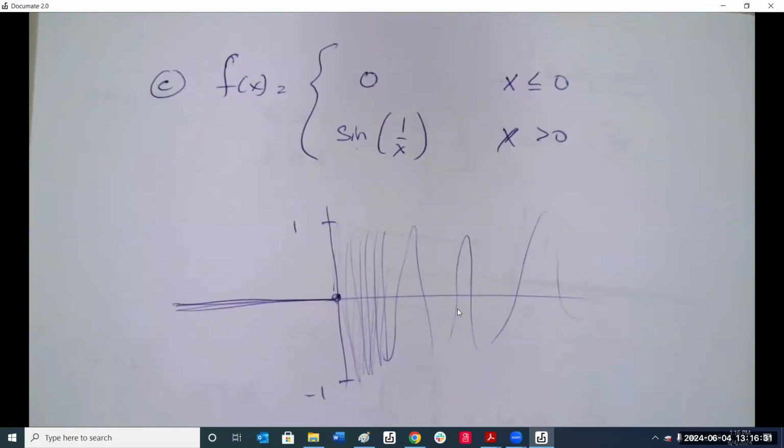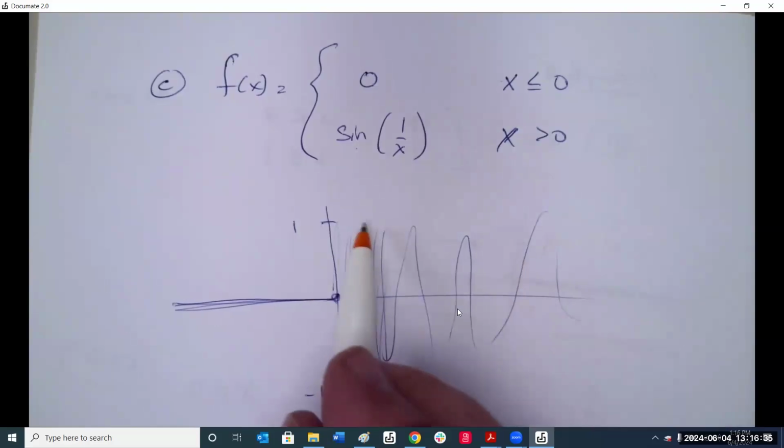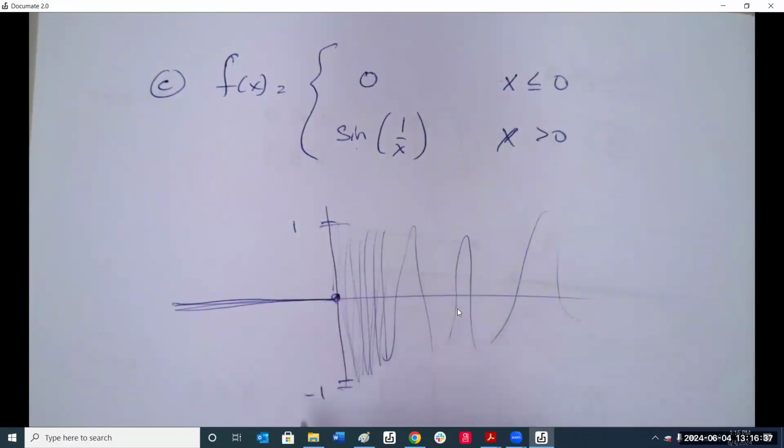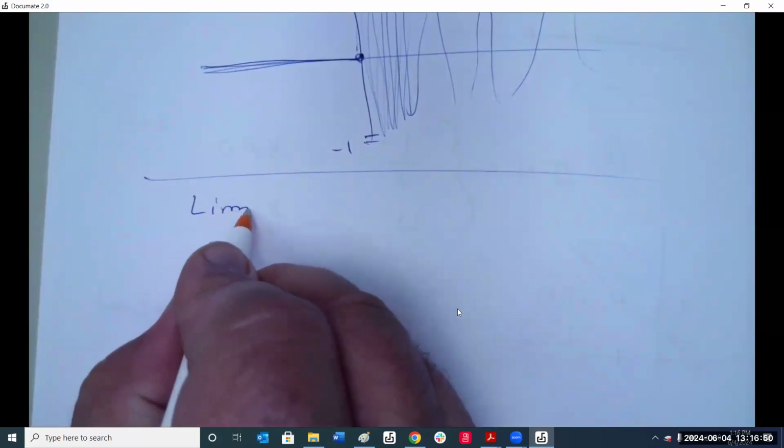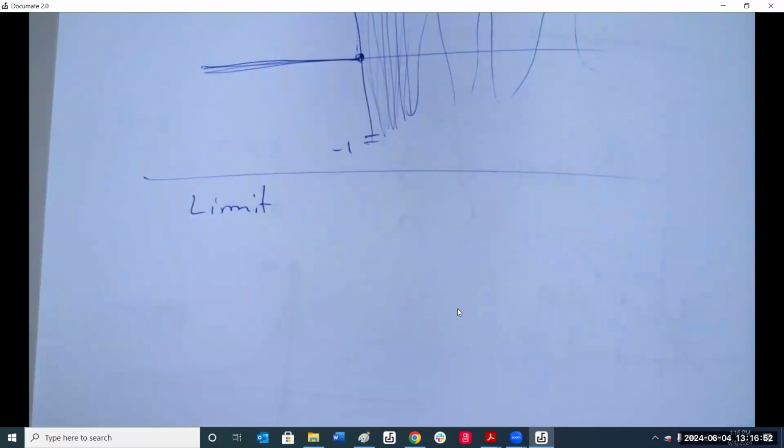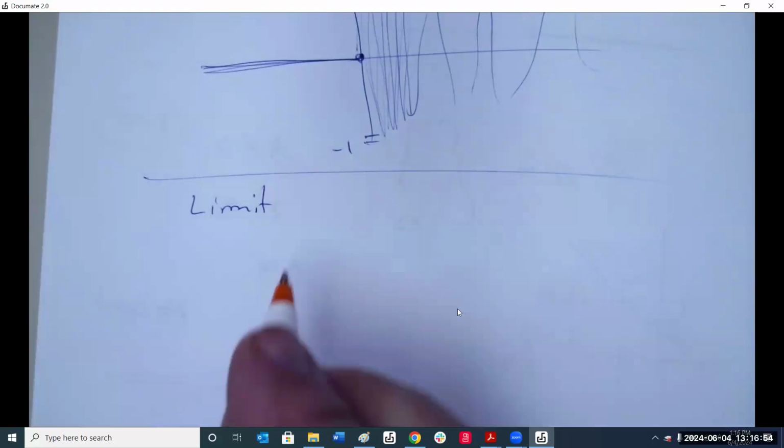So it has no limit, because on the right-hand side, it goes from 1 to negative 1 to 0, and the left-hand side is always 0. So there's no consistent point that it's approaching. It'll make more sense the more we look at these things, the more we do these things, it'll make more sense.